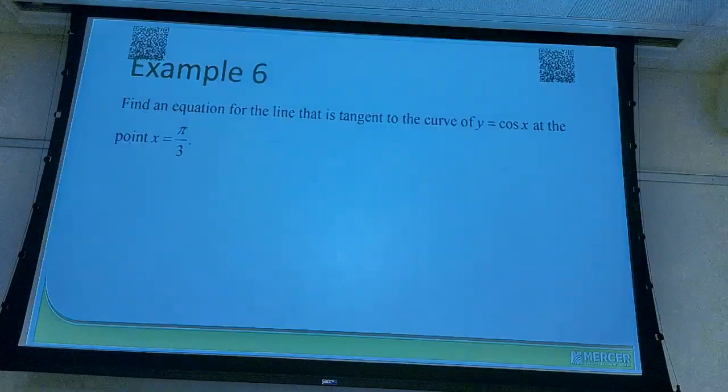Find the equation for the line tangent to the curve of cosine of x at the point x equals pi over 3. First thing we need is the slope, right? How do you determine slope? What's y prime?